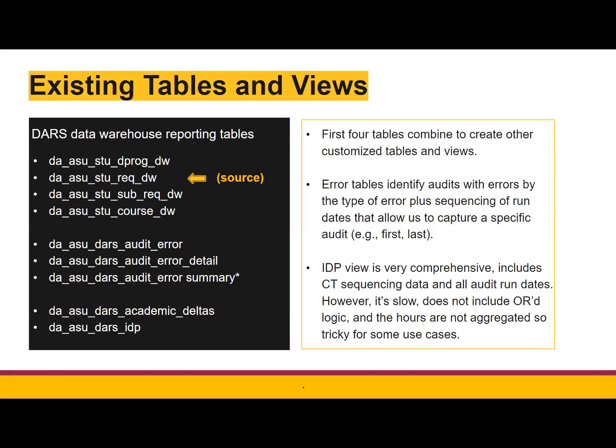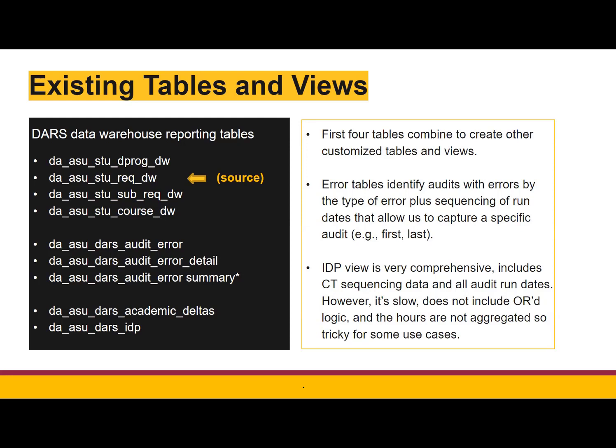Tables and views. So the existing tables right now in the data warehouse are, and somebody might have pointed to some in one of the earlier presentations, what I call the source tables, because these are the tables that we're combining to create our customized tables. I'm not going to go into the actual names, but we have the DPROG, the requirements, the sub-requirements, and the course.